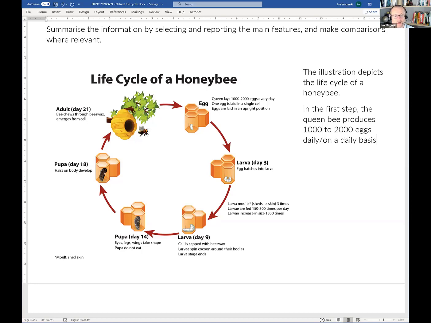Now we've got a couple details there that we need to include. You can do, and then each egg is laid in a single cell.